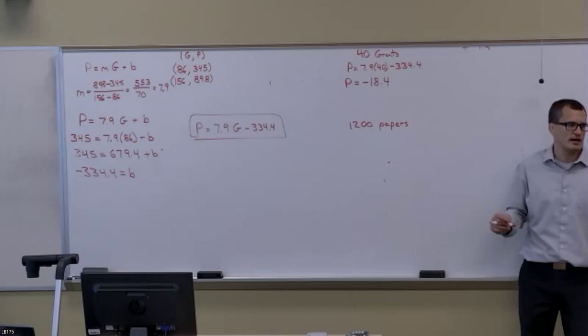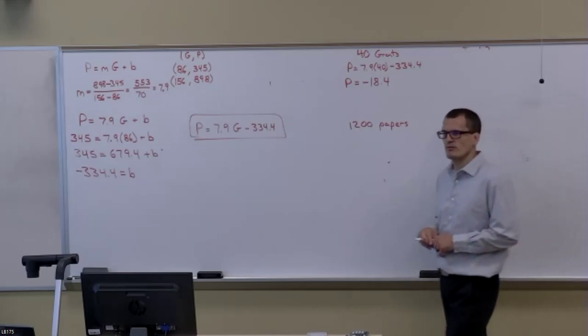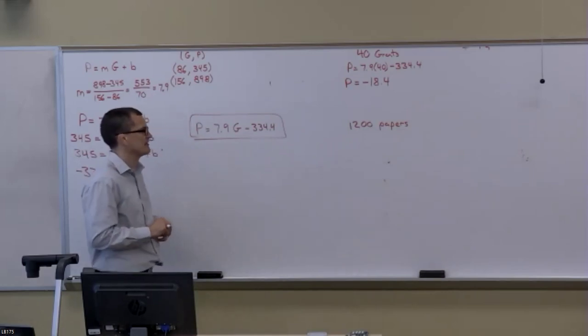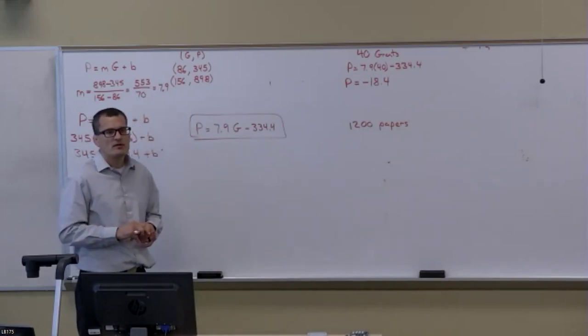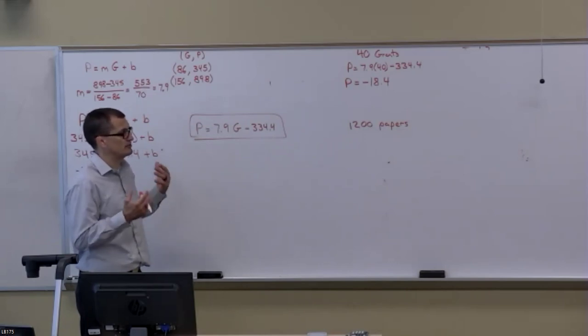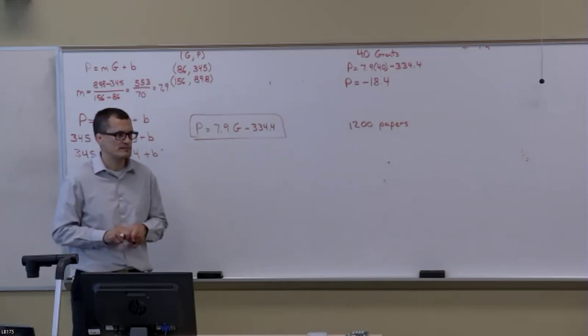Publishing a negative amount of papers doesn't make sense in the real world. But mathematically, that's perfectly legitimate. In Moodle, if you got something like that, don't worry about it. It'll probably just type in negative 18.4 and it'll be fine.